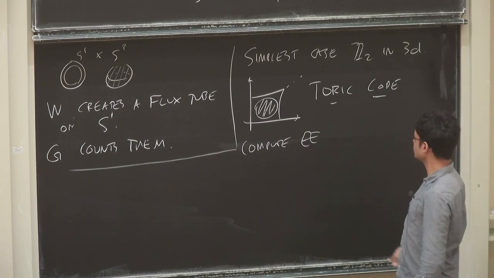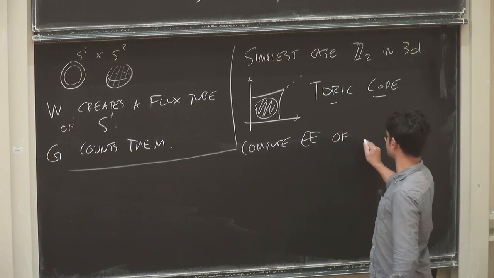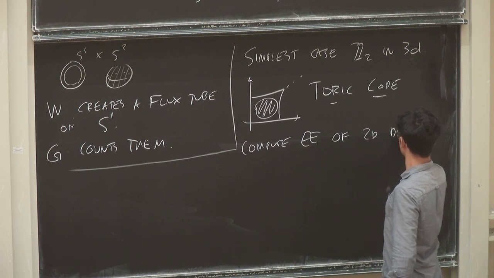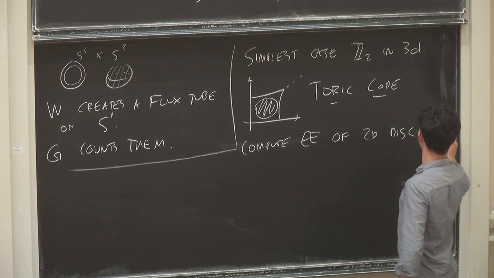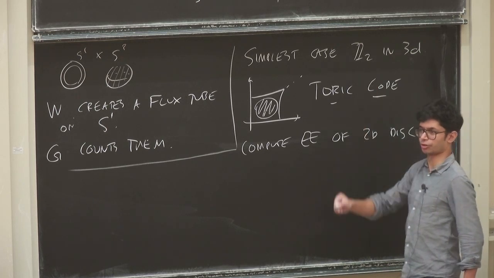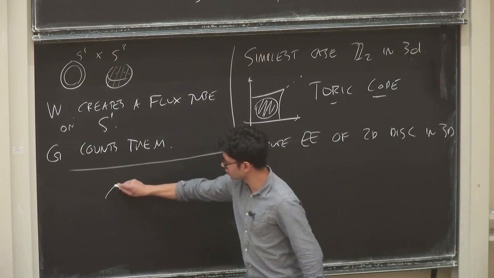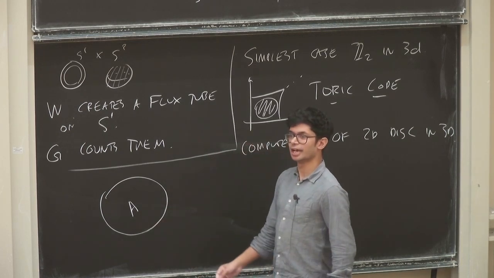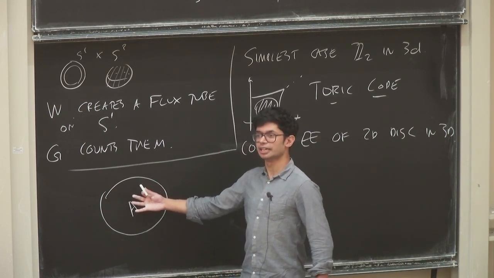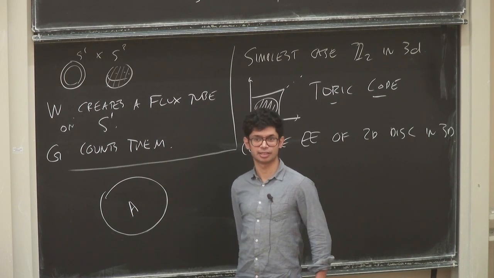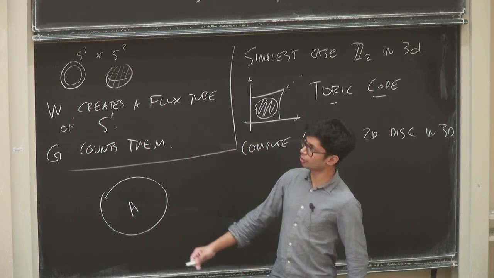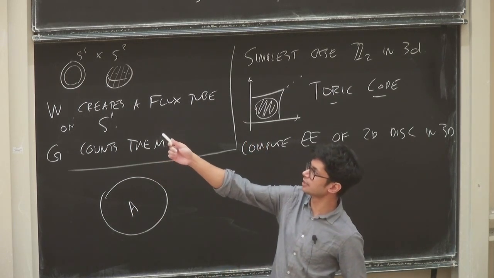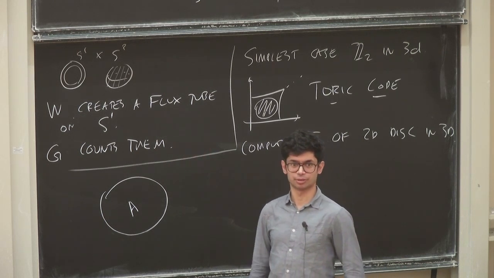So let's compute the entanglement entropy of a 2D disk in some 3D theory that has topological order. So in other words, I take my region A, a two-dimensional disk in the vacuum of some three-dimensional theory that has topological order, where by topological order I mean exactly this, that it spontaneously breaks a one-form symmetry.